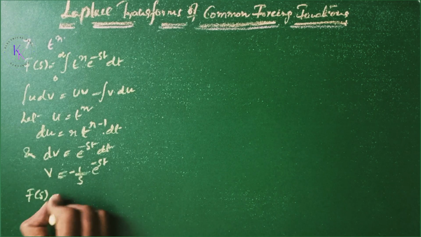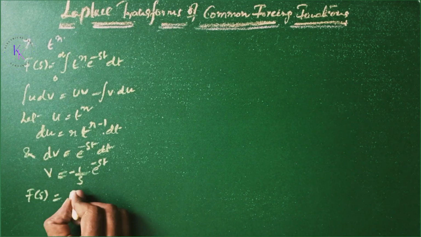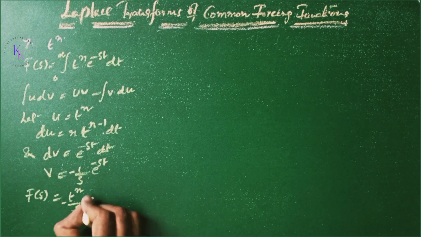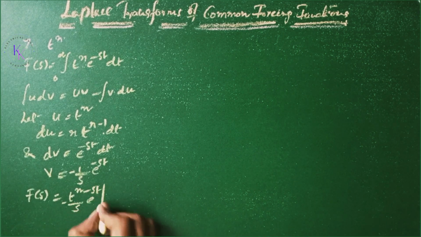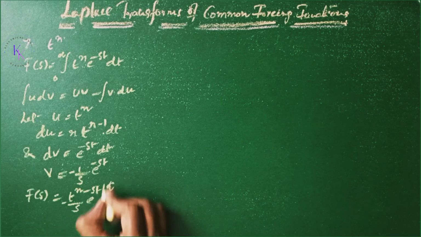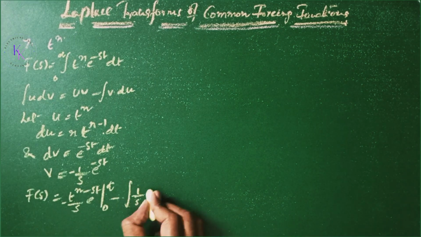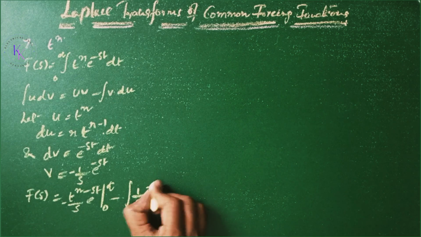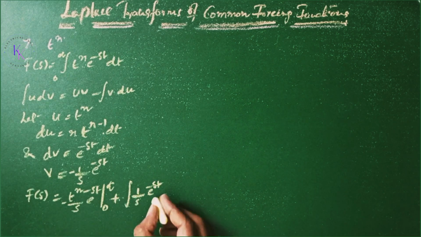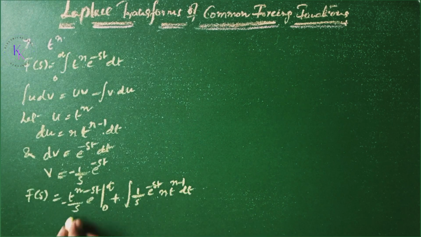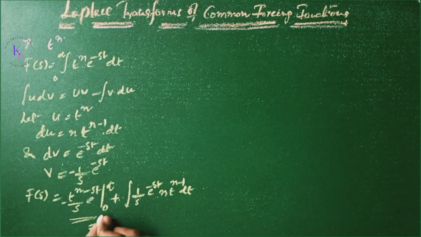F of s equals, we can write this, t power n by s, this is negative, e power minus st between 0 and infinity, minus the integral of v, which is 1 by s times minus e power minus st, minus minus will be getting positive, and t power n minus 1 dt. We all know that this term will become equal to 0.